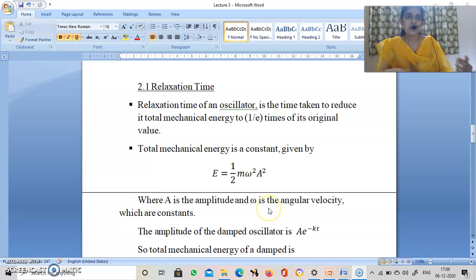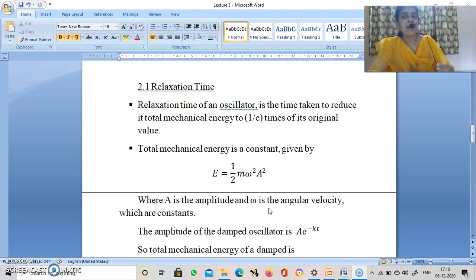So first of all, let us see what is the relaxation time of an oscillator. It is the time taken to reduce the total mechanical energy to 1 by e of its initial value. That is what is called relaxation time.